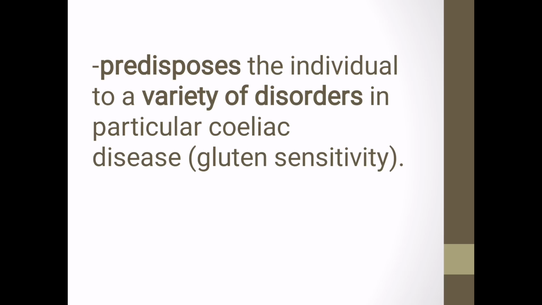And it predisposes the individual to a variety of disorders, particularly celiac disease. They have gluten sensitivity. Those patients with selective IgA deficiency usually are healthy and will be discovered accidentally. Okay, and usually they are predisposed to gluten sensitivity, to celiac disease.